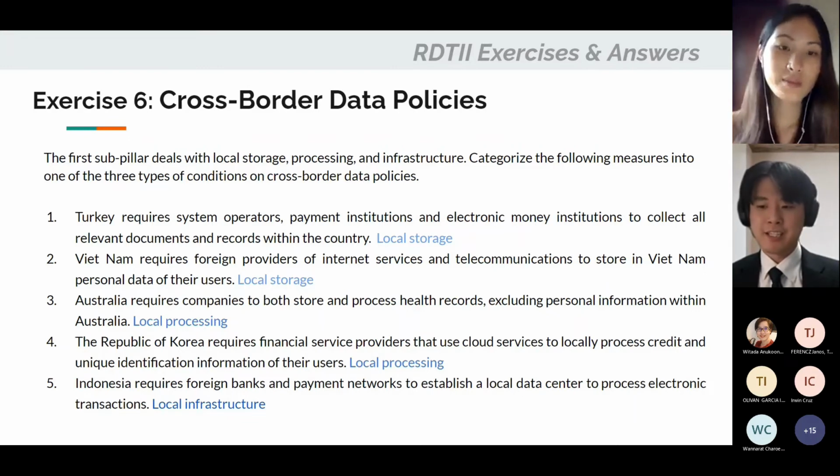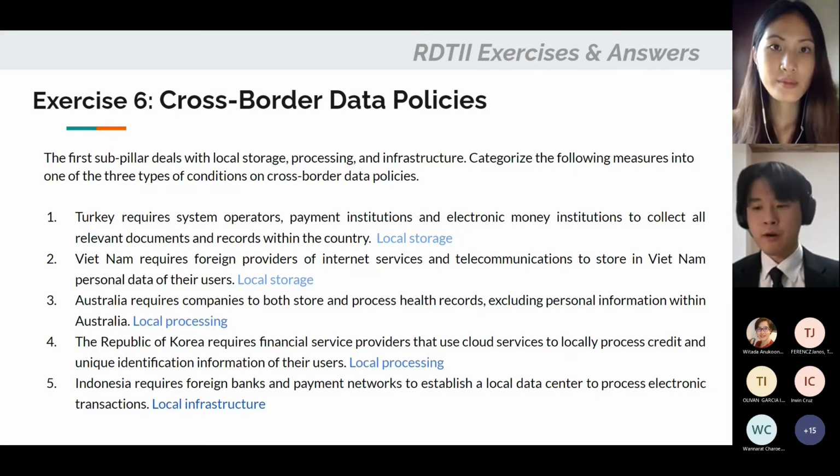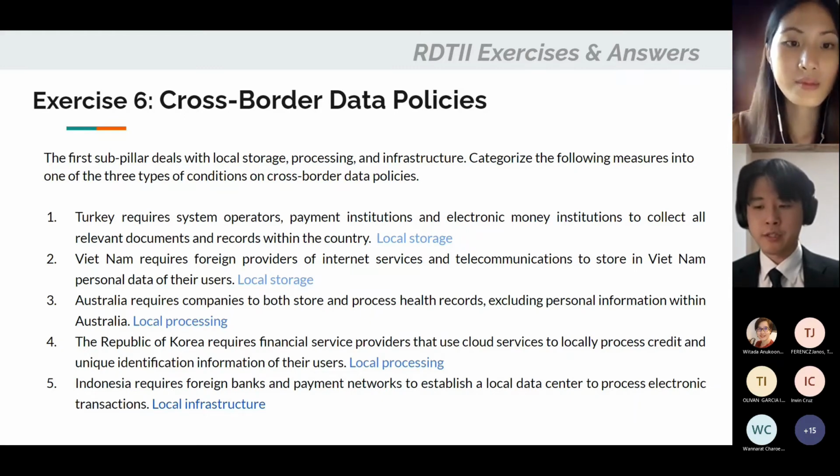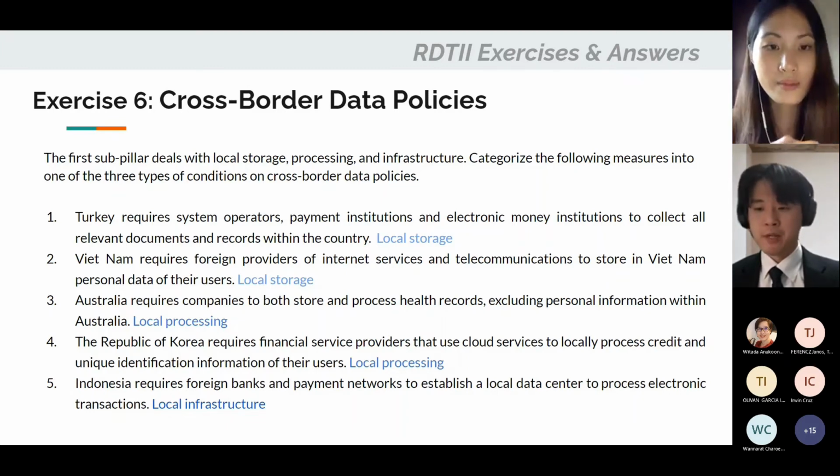So it is a condition. So local processing is actually more restricted than local storage because it not only requires them to store, but also process locally before they transfer. And infrastructure is most restricted because it requires them to establish a data center. So you can see the spectrum of restrictiveness, and you can see how one is more restrictive than another.